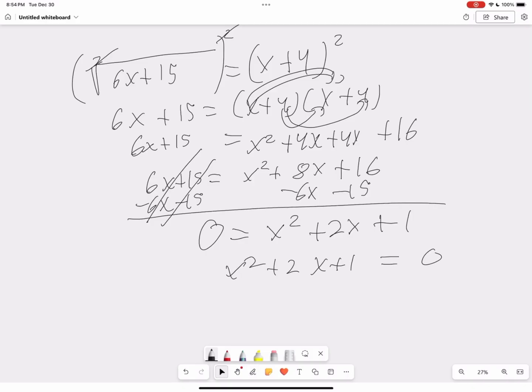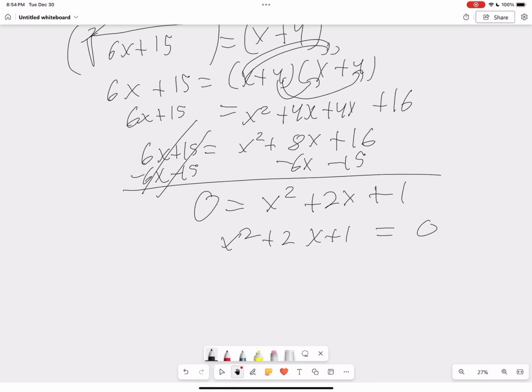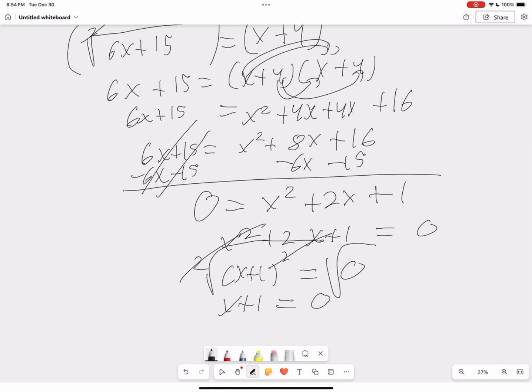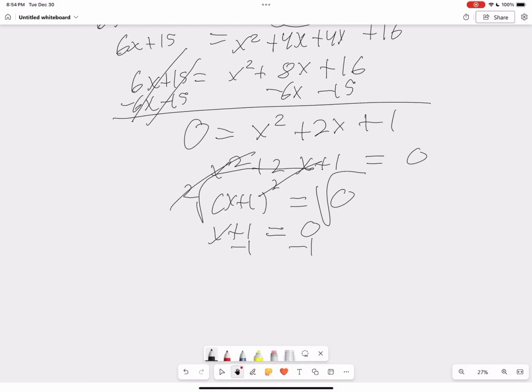What times to 1 adds to 2? It's going to be x plus 1 squared equals 0, because it's x plus 1 times x plus 1. Now we're going to take the square root again. So we get x plus 1 equals the square root of 0, which is just 0. So we get x equals negative 1 for our solution.